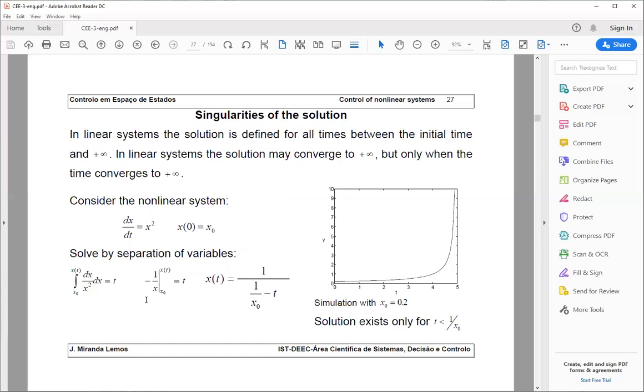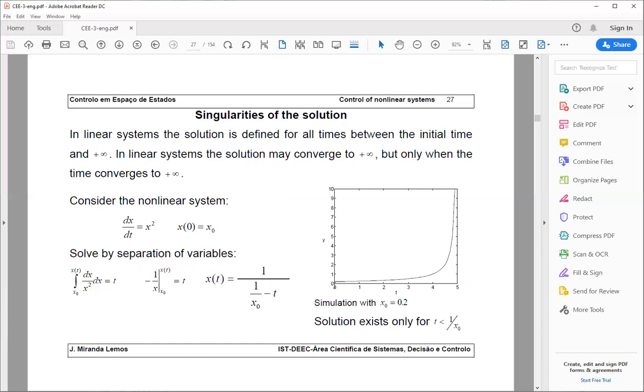You can solve this equation using separation of variables. Well, if you don't remember the method of separation of variables, it's not important. Trust me, the solution is given by this formula. So for t equal to 1 divided by x0, at this time, this becomes infinity.